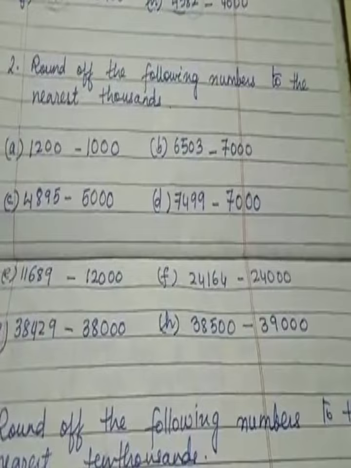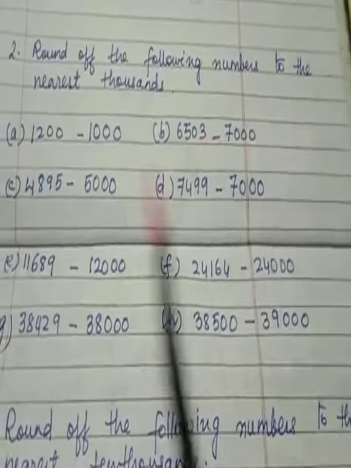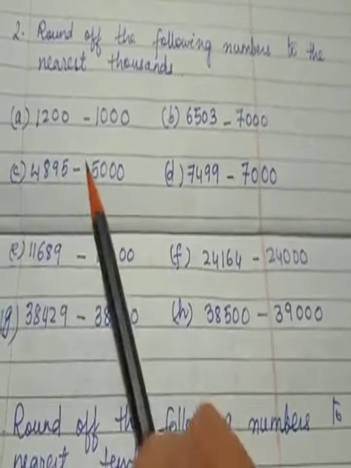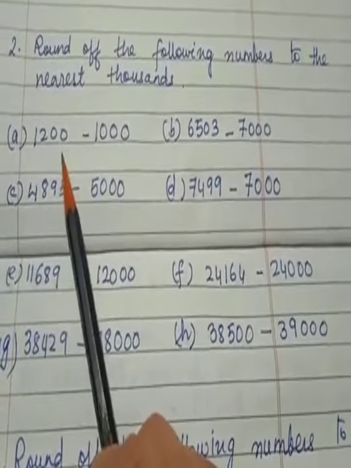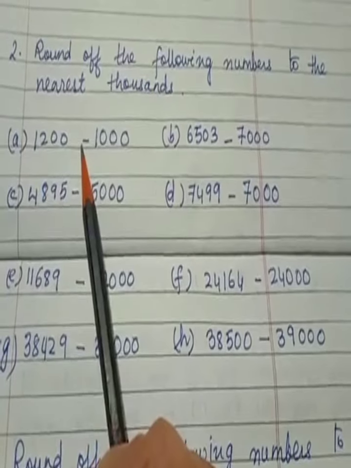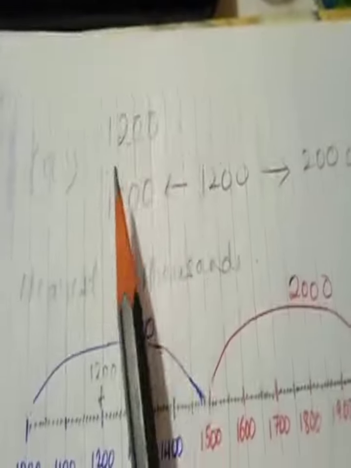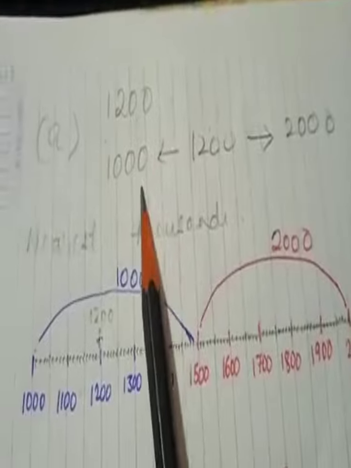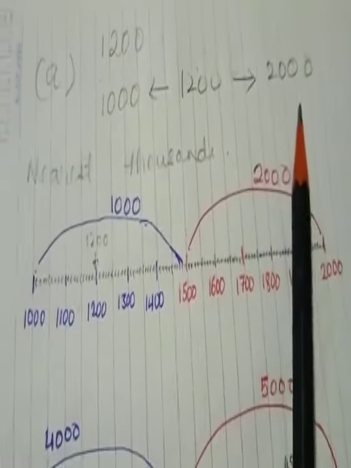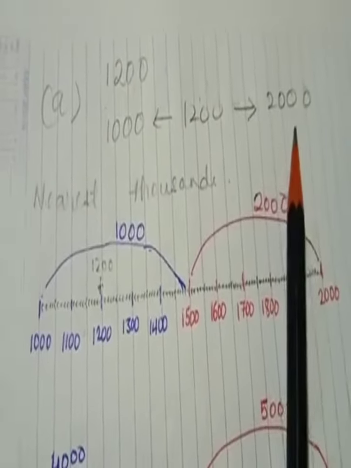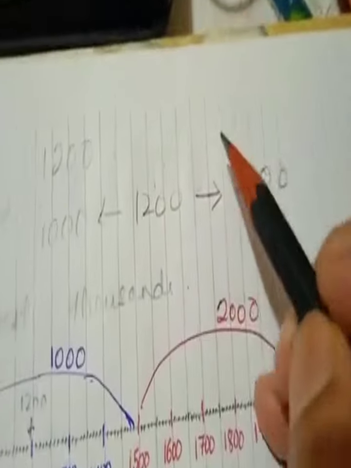Question number 2. Round up the following numbers to the nearest thousands. The first number A we have is 1200, which we have to round to the nearest thousands. To say precisely, 1200 can be rounded either to 1000 or to 2000. Now what will be the decider? What is half of 1000?